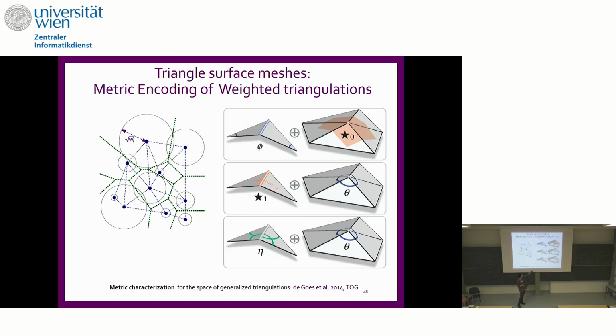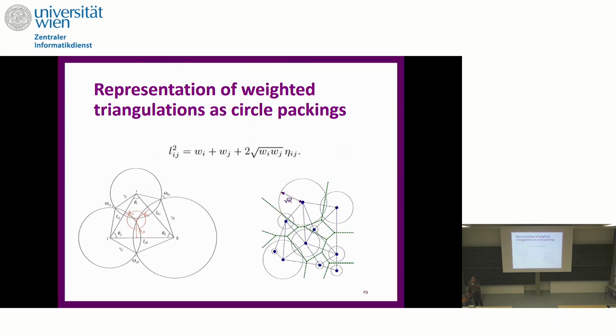The other one is this Gaussian curvature that I mentioned, and the ratio between two dual edges. And I'm more interested in the very last one, which is linked to circle packing. It's the Gaussian curvature, or this deficit angle, or the sum of the angles, it's equivalent to that, and the inverse distance for each edge. That is sufficient to encode the metric.